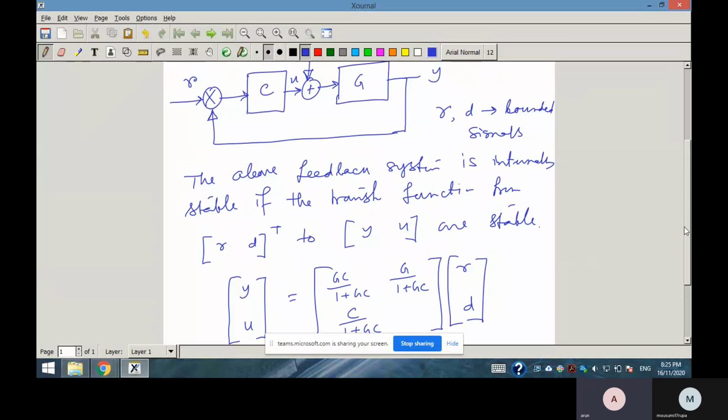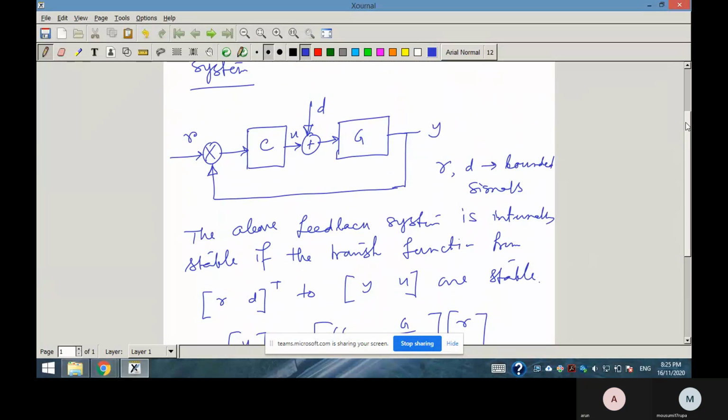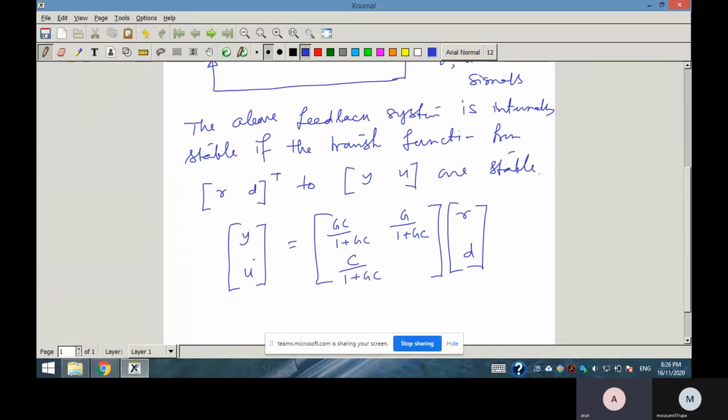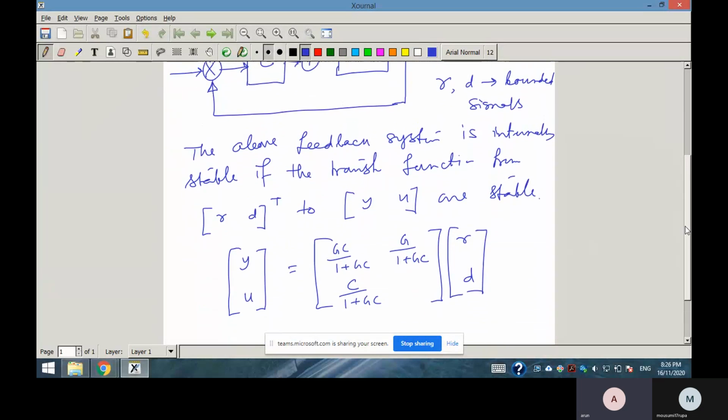U is your output and D is your input. So what is the transfer function? Just one minute.